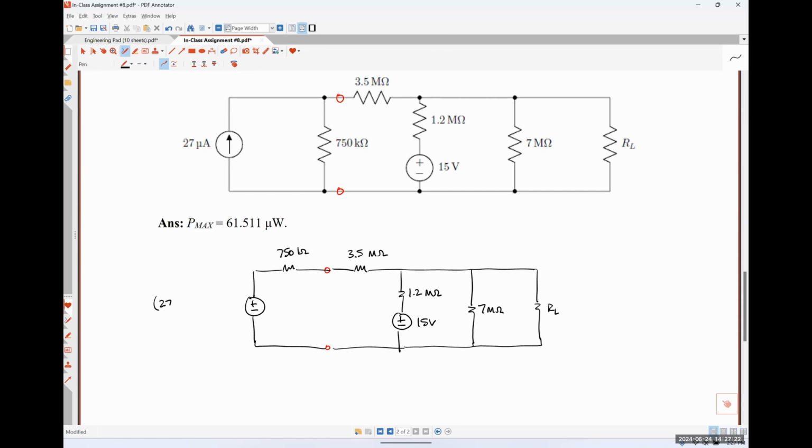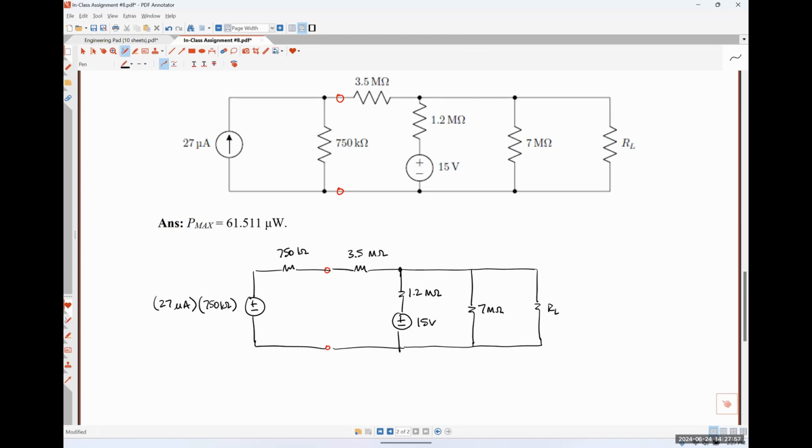And I'm just going to put this as 27 microamps times 750 kiloohms. I can get a number for that. I feel like it's somewhere in the ballpark, like 21 volts and some change, but I'm going to leave it like that for now. So all I did effectively was disconnect my practical current source, transform it into a practical voltage source, and then reconnect it across the exact same terminals that it was connected to earlier. That's kind of the key here, okay?